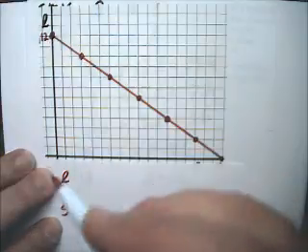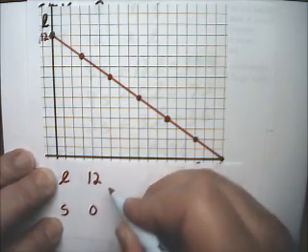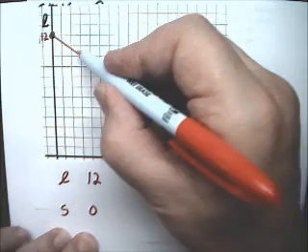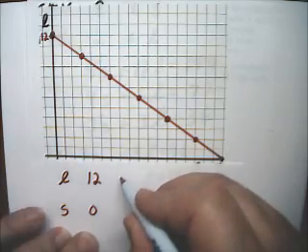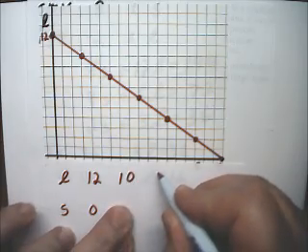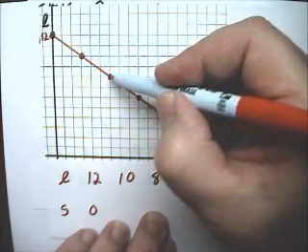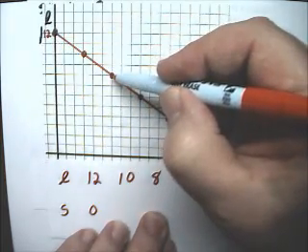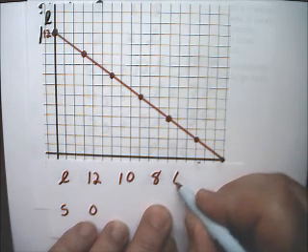So this is 12 comma 0. So that's 12 large vans, 0 small vans. And then this is 10 large, 8, 10, 12, 10, 8, 6, 4, 2, and 0.